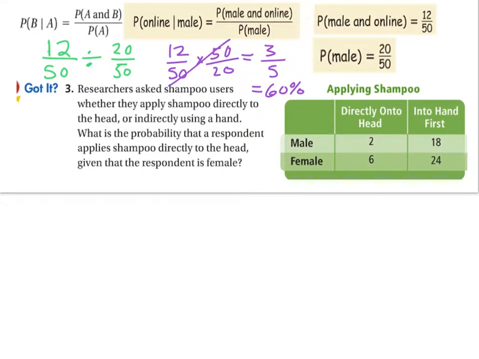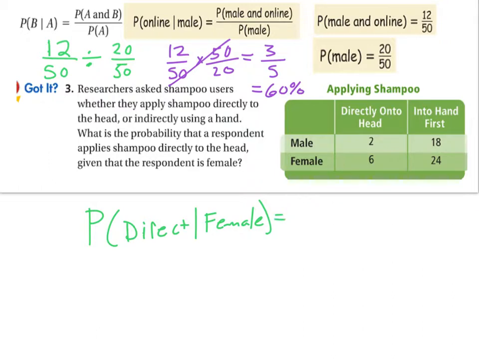All right, so here's another one you can try about shampoo. So if you want to pause, then I'll go ahead and work through as well. So researchers asked shampoo users whether they apply shampoo directly to the head or indirectly using a hand. What is the probability that a respondent applies shampoo directly, given that the respondent is female? So if I write that out, we're looking at probability of direct application of the shampoo given that the person is female.